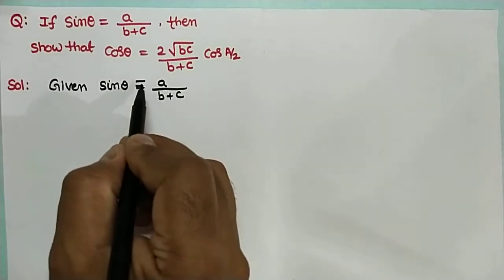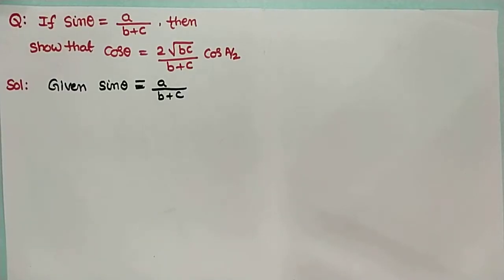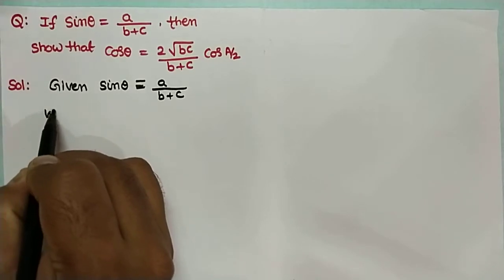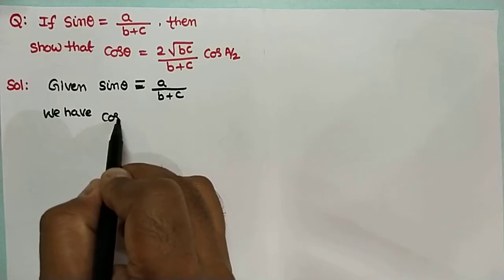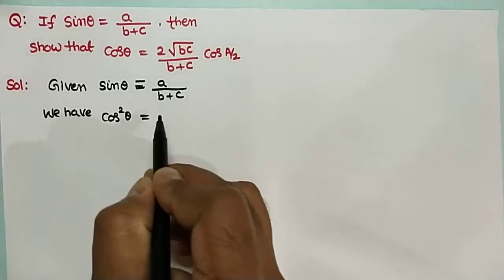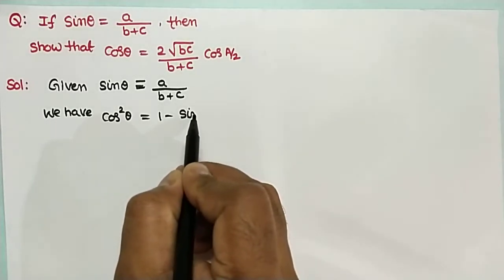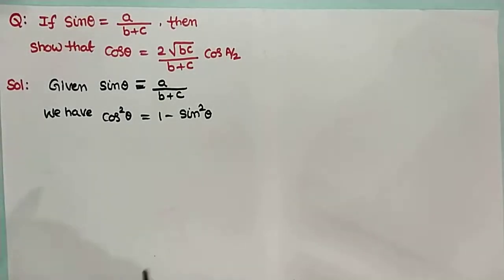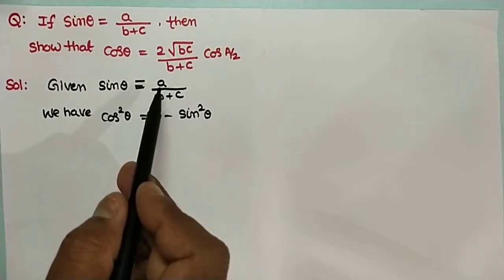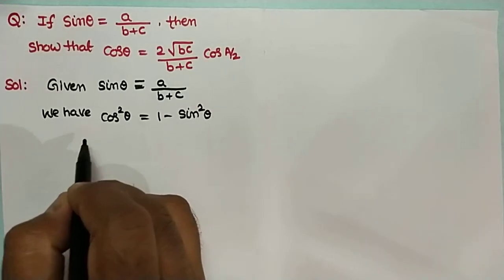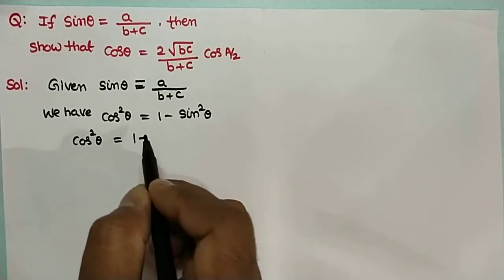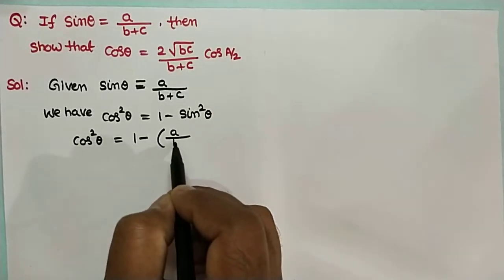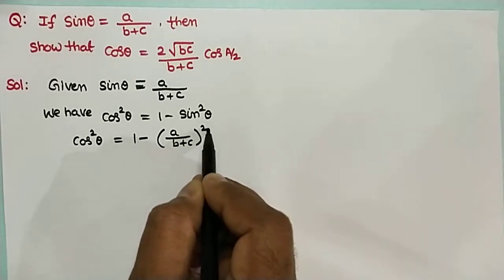After that, we know the cos theta value in terms of sine. We have cos square theta equal to 1 minus sin square theta. Now substitute a by b plus c in place of sin theta. So cos square theta equal to 1 minus a by b plus c whole square.